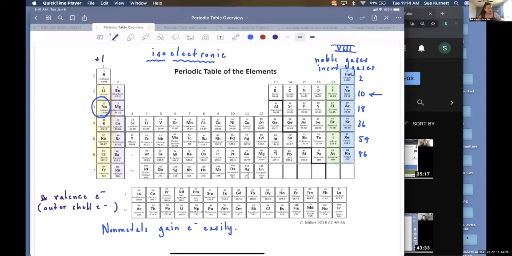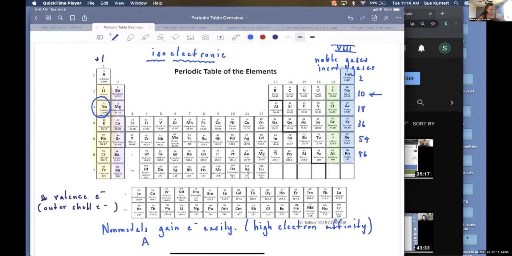They gain electrons easily. They have a high electron liking, called affinity, a high electron affinity. And so when a nonmetal gains an electron in order to become stable, it becomes an anion.